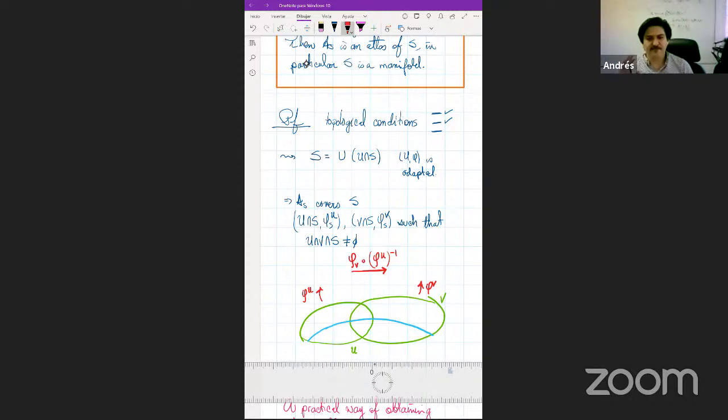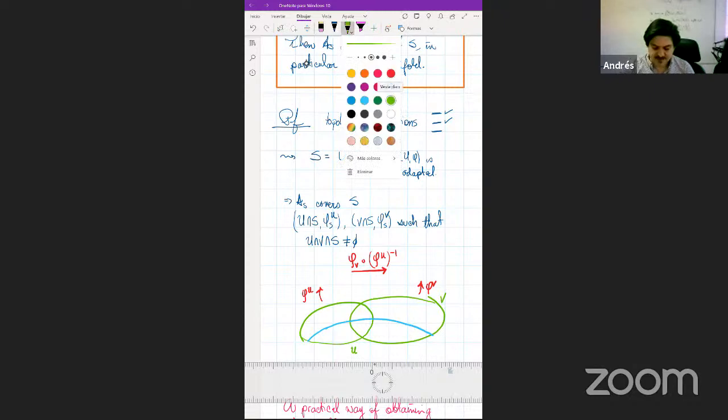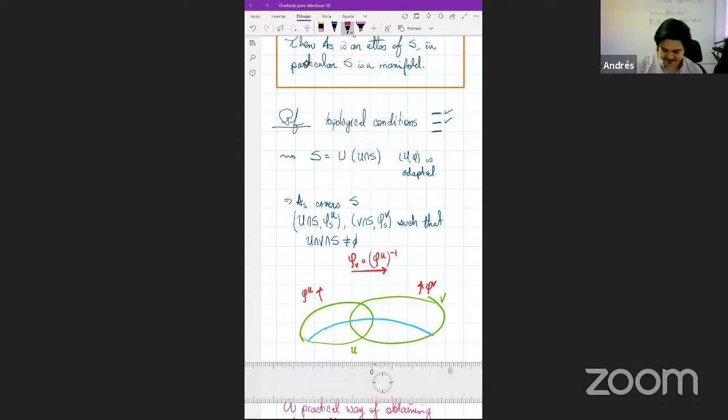Now, this is a C infinity map. Then all that you have to do, you have to be a little bit careful because under phi of U, S is mapped here.